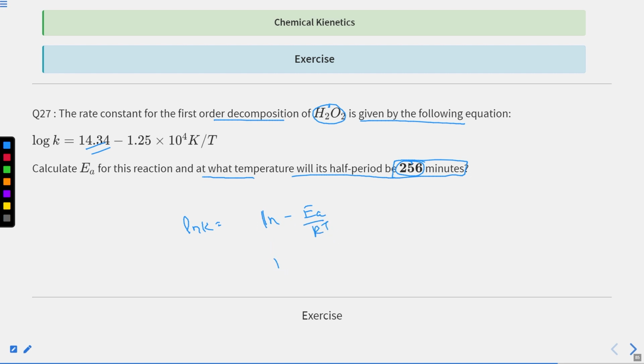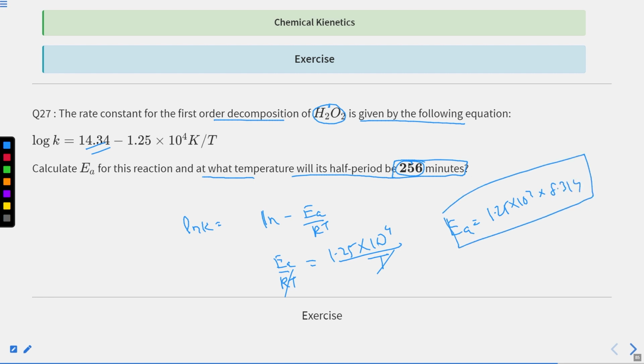Now EA by RT will be equal to 1.25 into 10 to the power 4 K divided by T. So T and T cancel out. The R value we know, 8.314. This will give you EA.